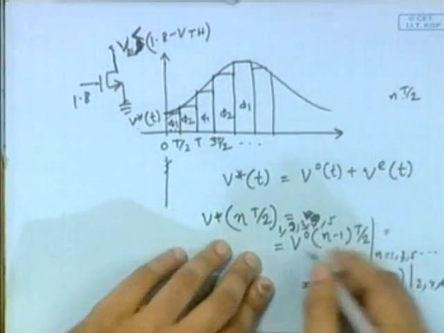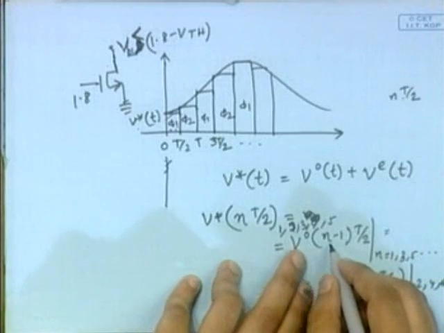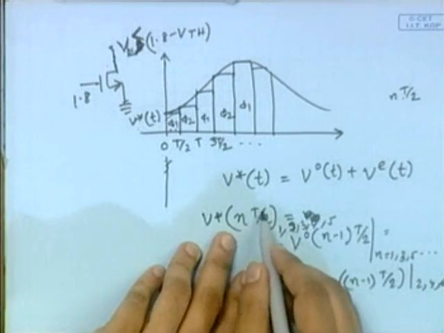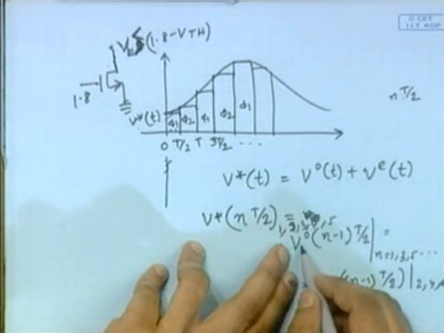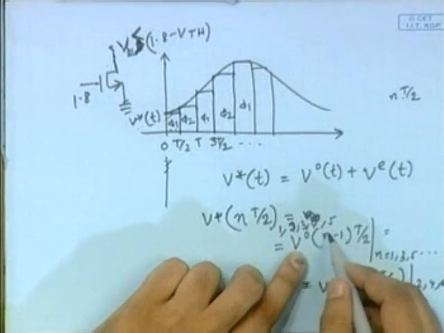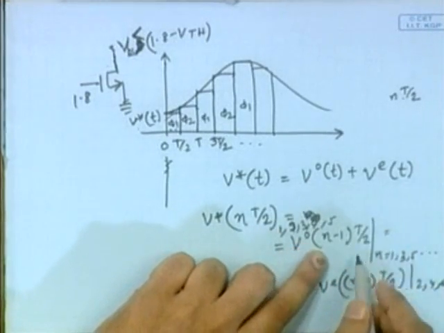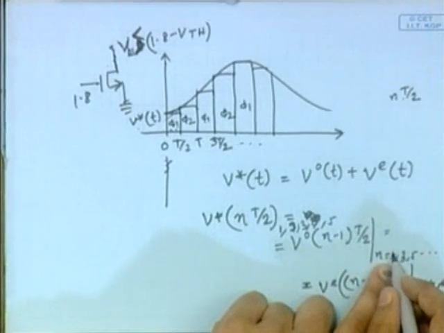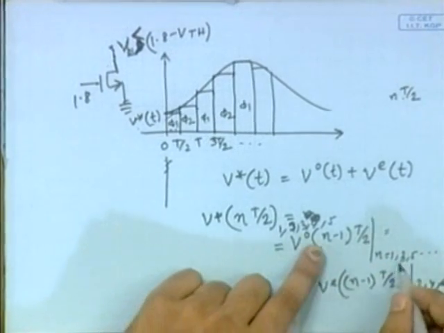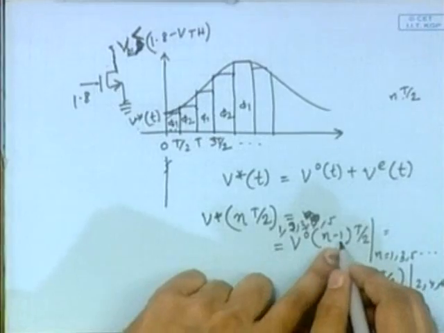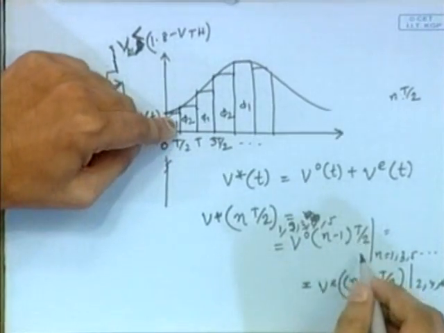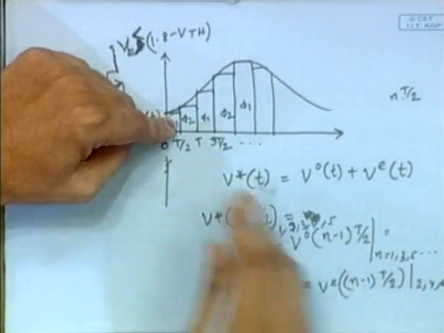For example, I have written it this way: n multiplied by T by 2 is equal to V for the odd function, (n minus 1) into T by 2, where n is equal to 1, 3, 5, like this. If we put n equal to 1 here, we get the first sample, that is the 0th sample.